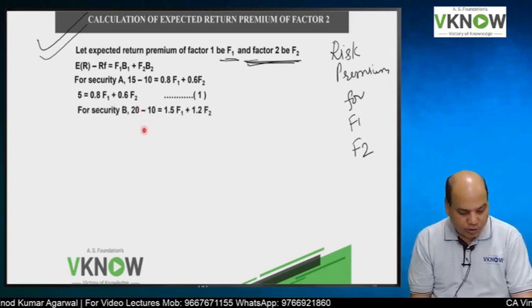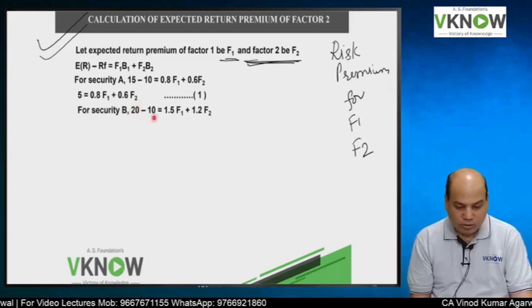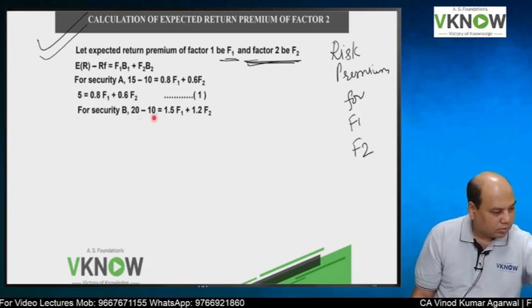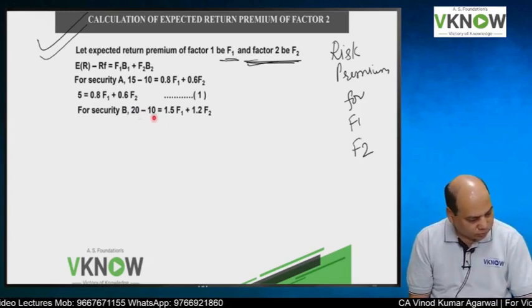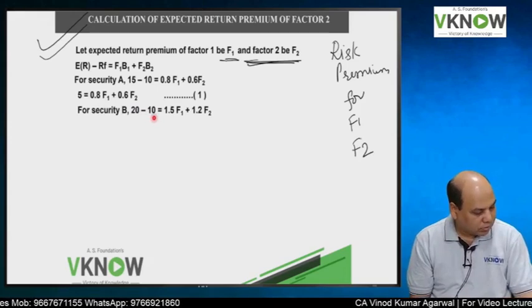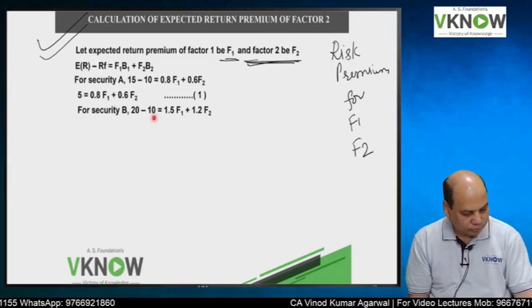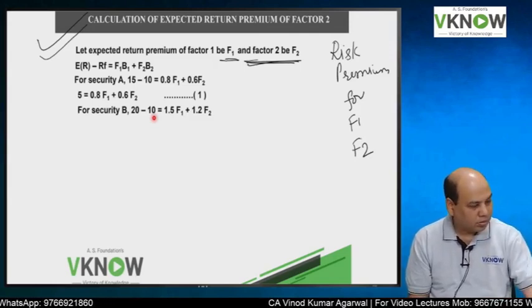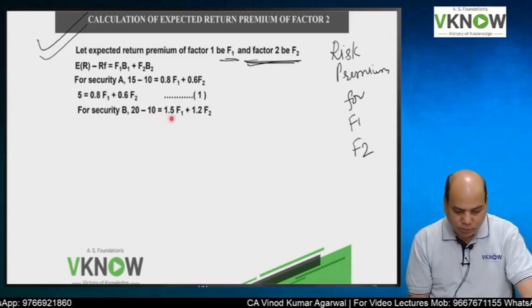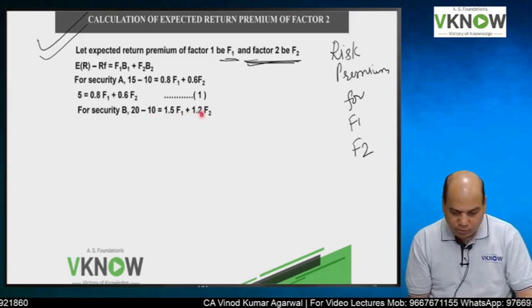For security B, write down, question in front of you, expected return is 20 minus 10, is equal to 1.5 F1 plus 1.2 F2.